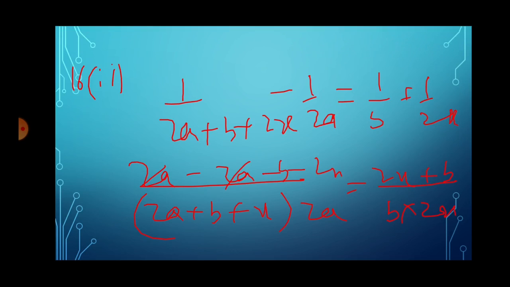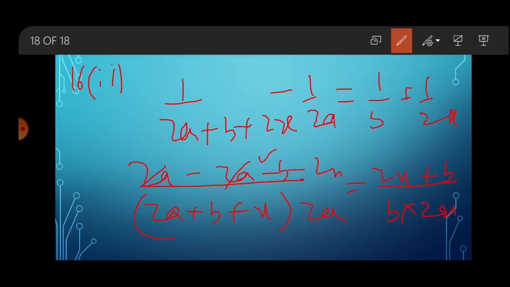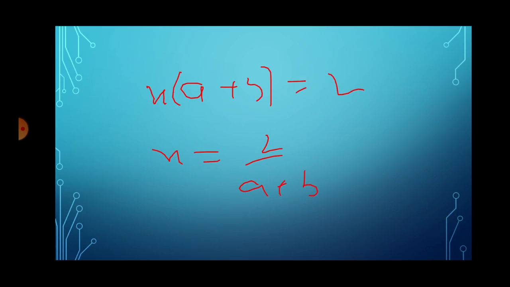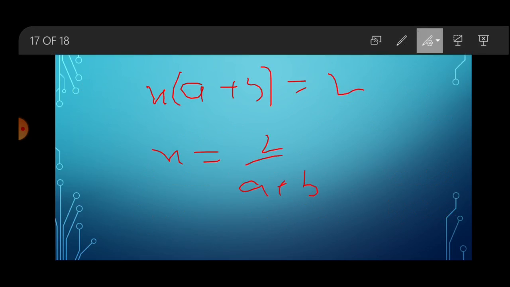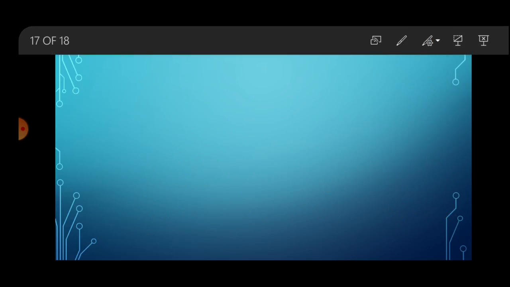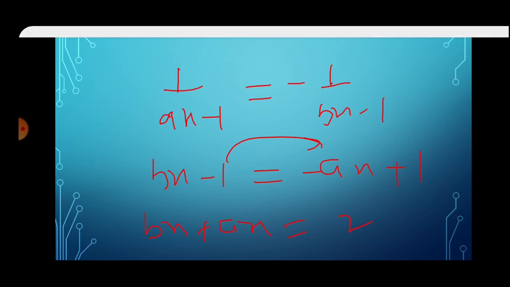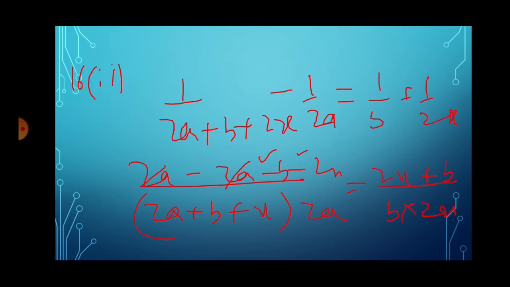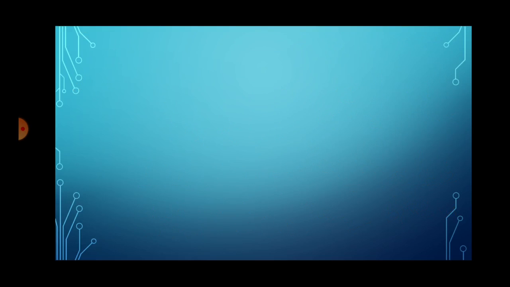Now you can see that both have the minus sign, so taking minus as common we will get, okay. Now I will have to delete it all because the pages are finished. Now I will take minus as common.